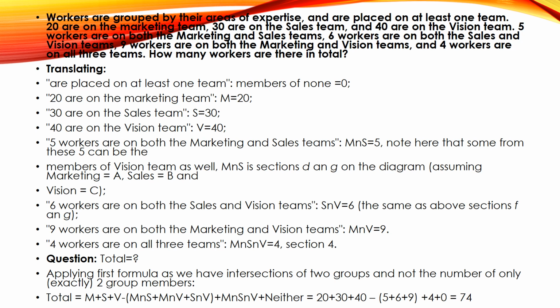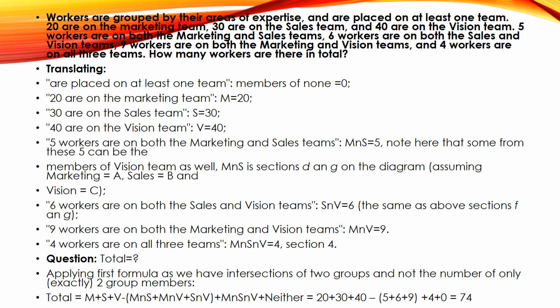First, translating this problem, we get: workers are placed on at least one team, so members of none is equal to 0. 20 are on the marketing team, which is M is equal to 20. 30 are on the sales team, S is equal to 30. 40 are on the vision team, V is equal to 40. 5 workers are on both the marketing and sales teams, M∩S is equal to 5.